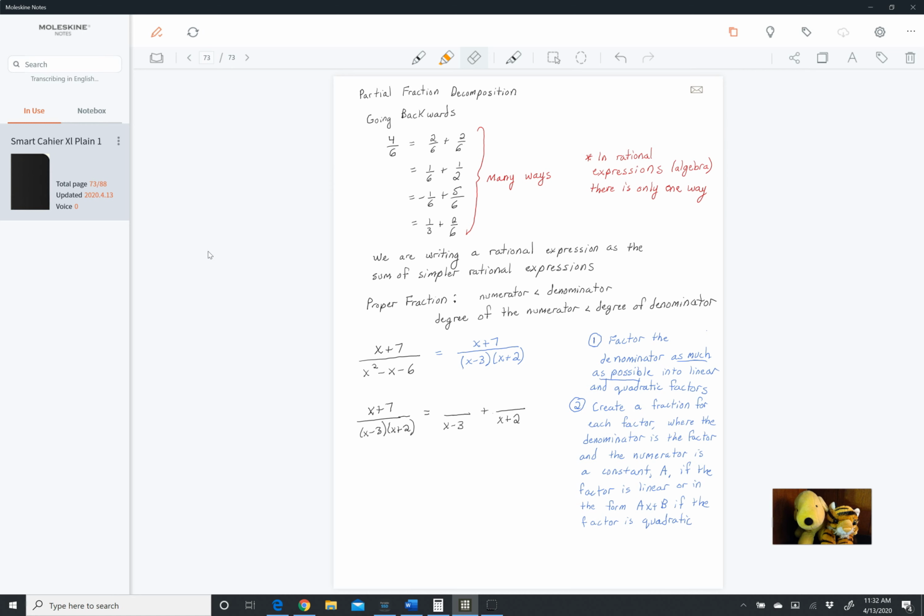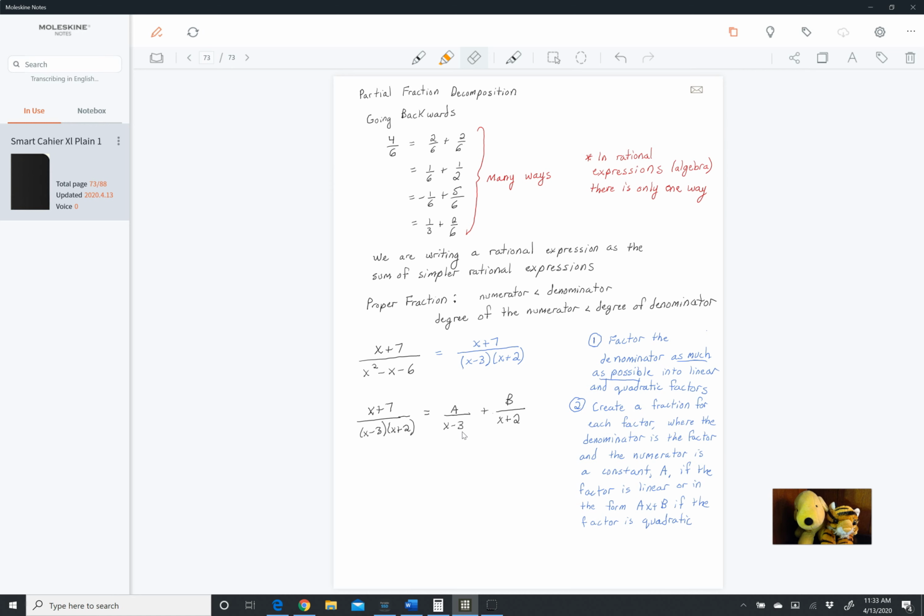Okay. And in the first fraction, our denominator is linear here. X minus 3 is linear. So the numerator is just a constant. We'll call the first constant A. And over here, this is also a linear denominator. So we'll call our second constant B. Okay, so it's a constant. We use the letters of the alphabet to help us. And we'll do some examples where we're going to have quadratic factors, just not yet.